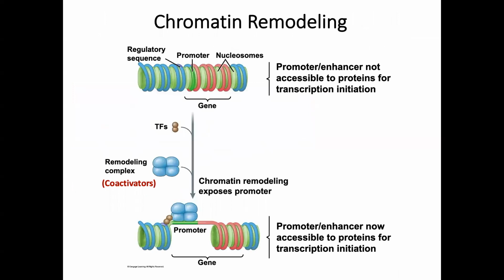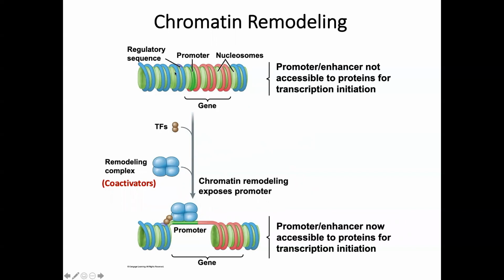So let's further take a look at chromatin remodeling, what this really means. Remember, the default status of the genome is a repressive status. We learned that heterochromatin has highly compacted chromatin with very few genes. But even in the euchromatin region, which is enriched with genes and relatively loosely packed, the nucleosome structure is not always accessible for transcription factors.